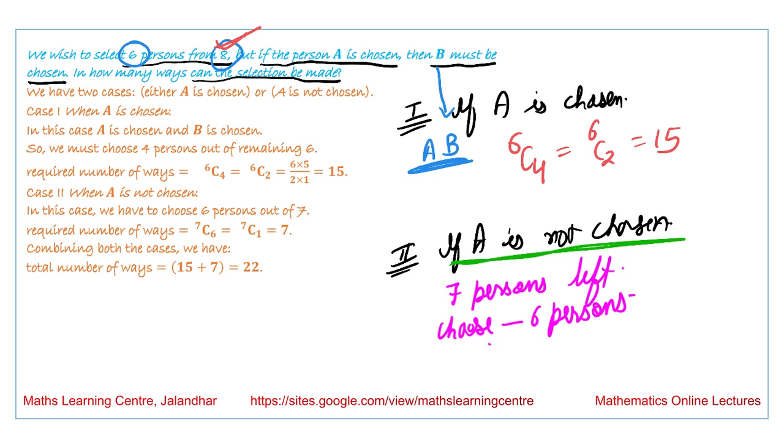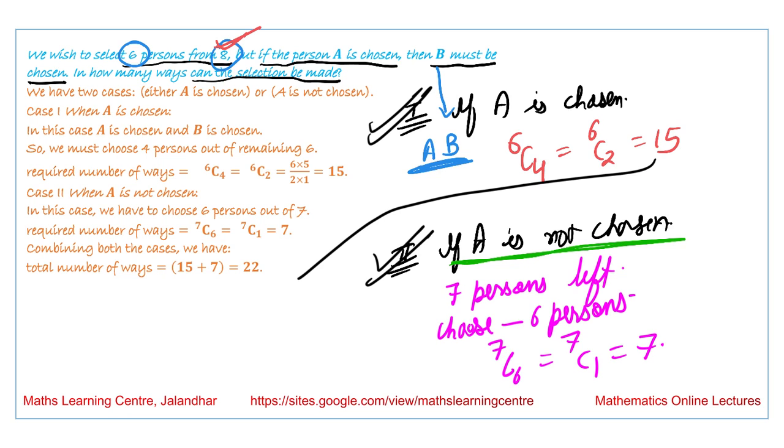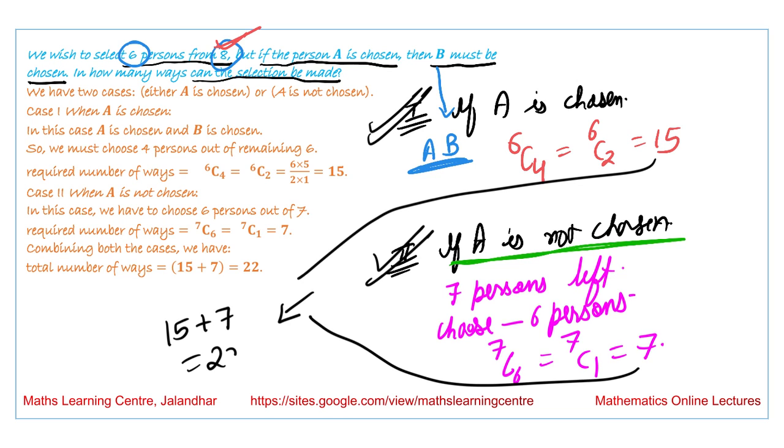The number of ways of doing this is 7C6, that is equal to 7C1, that is equal to 7. So either case 1 can happen or case 2 can happen. By the fundamental theorem of addition, the total number of cases we can have is 15 plus 7, which is equal to 22. So there can be a maximum of 22 cases in this case.